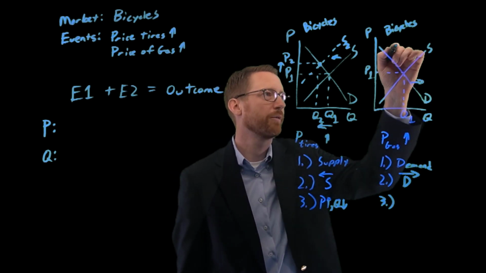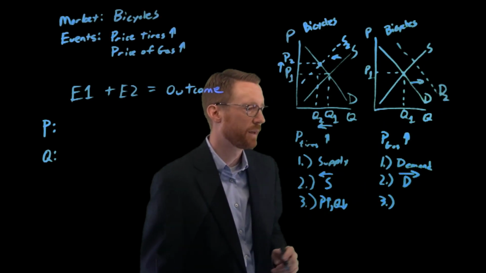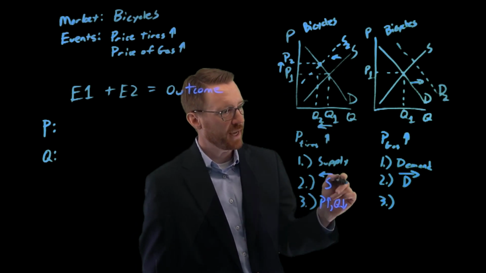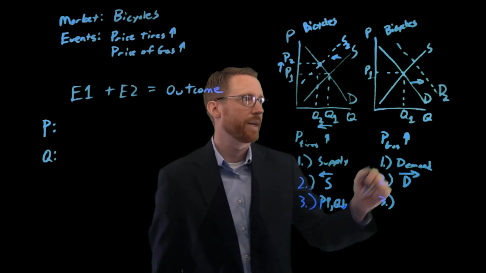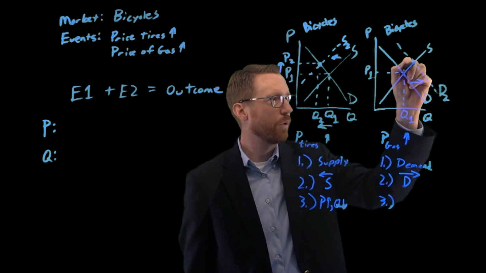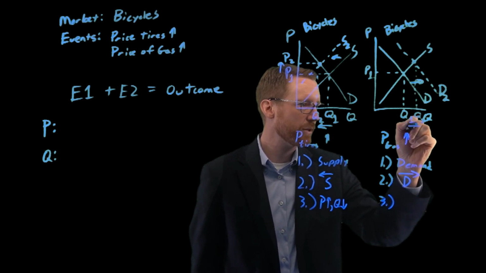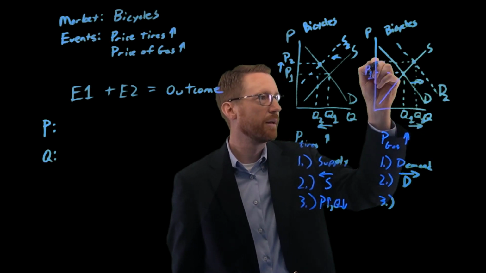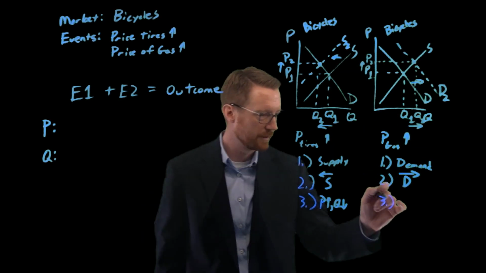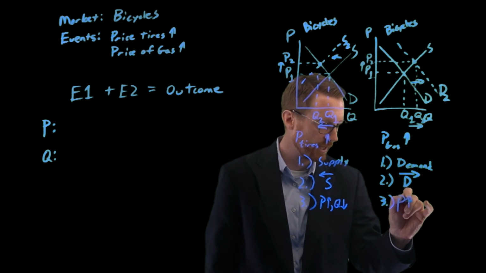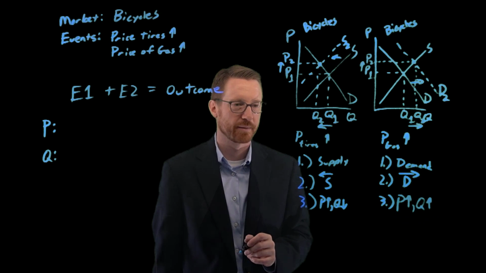This whole curve has shifted to the right. So the price of gas goes up, this affects demand, demand increases. Our third step was draw it in and see what happens. So what happened? More people want to buy bicycles, and that drives up the price. So the price of bicycles has increased and the quantity of bicycles has increased.